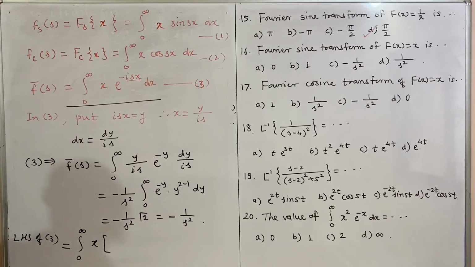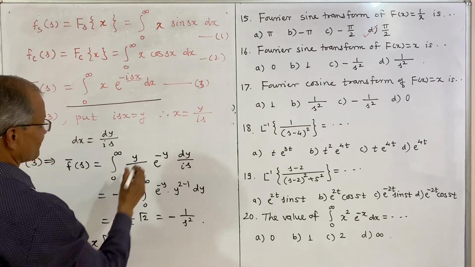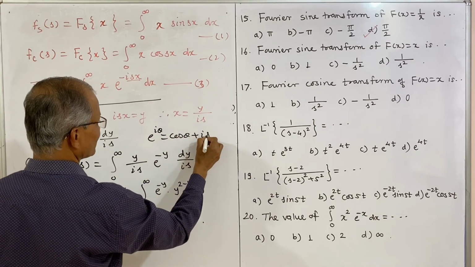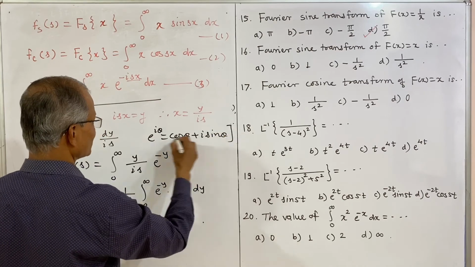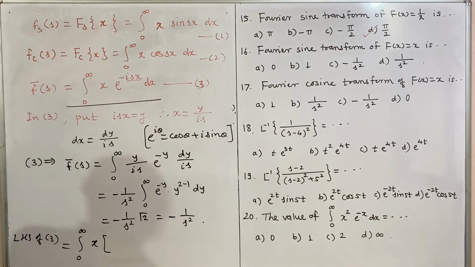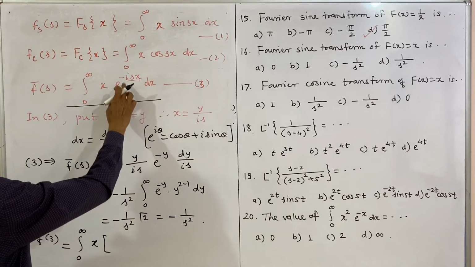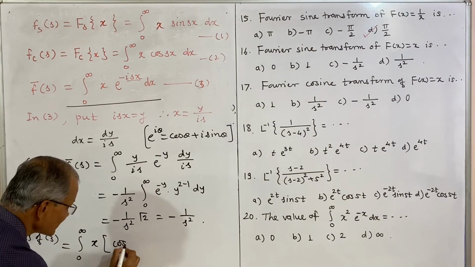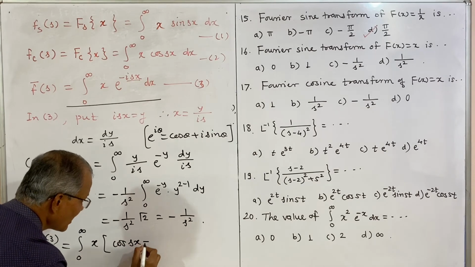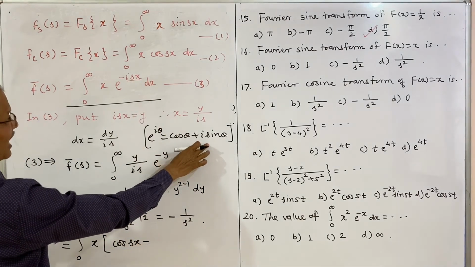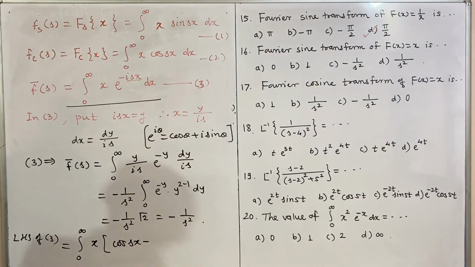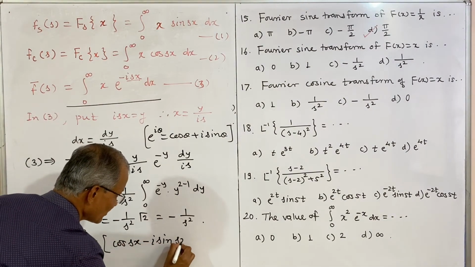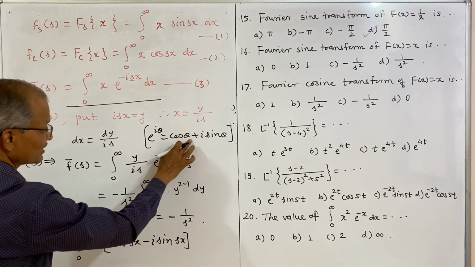So, we have e power i theta is equal to cos theta plus i sin theta. This formula we shall use for this, and instead of theta here it is minus sx. So, cos of minus sx is the same as cos sx, and this plus i times minus sin, so therefore minus i sin sx, using this formula.